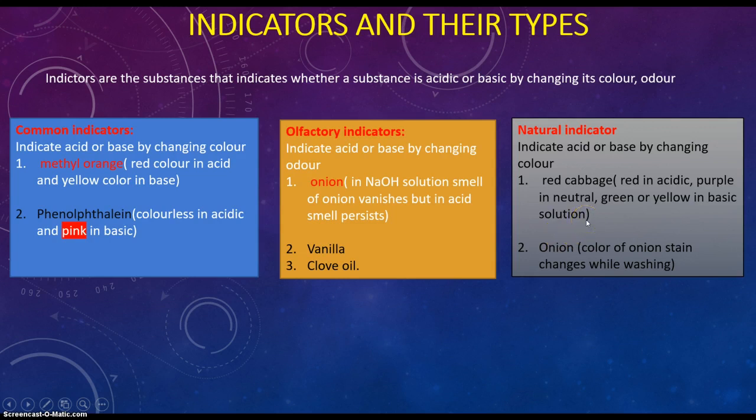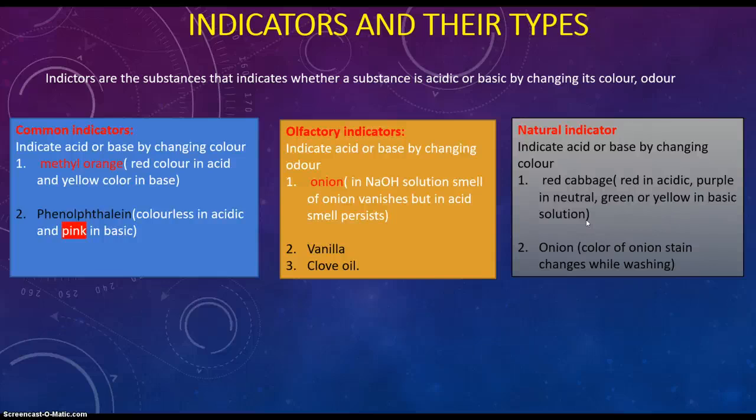You would probably see that sometimes while eating food we get an onion stain on our fresh clothes, right? Whenever we put that cloth in for washing, we observe that the color of the onion stain changes. Why does the color of the onion stain change? Because when I put the stained cloth into a solution which contains surfactants or some washing material, the color of the onion stain changes.